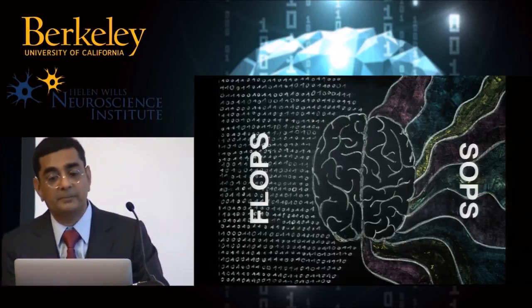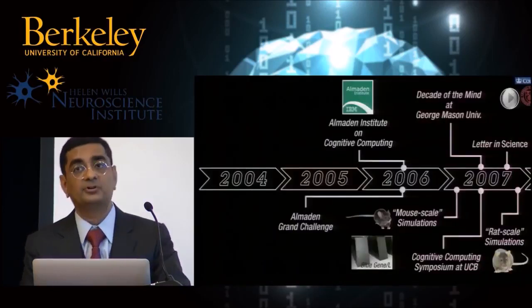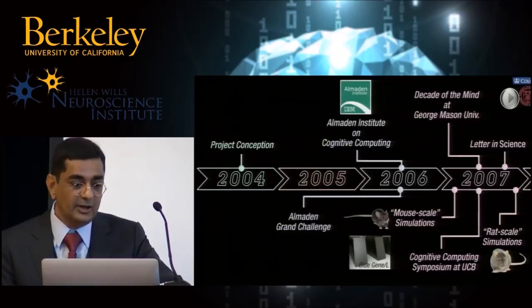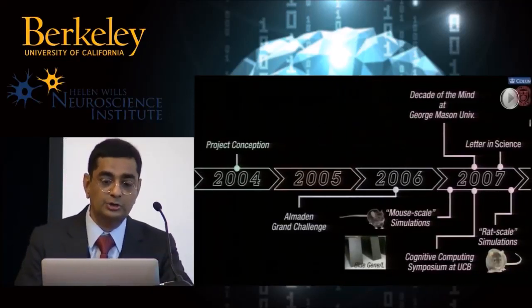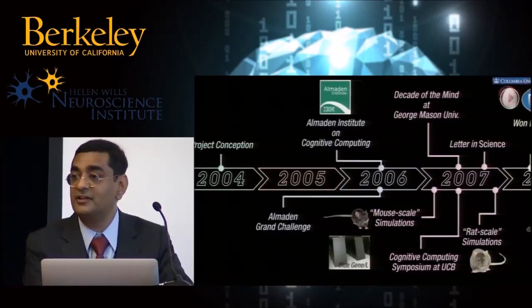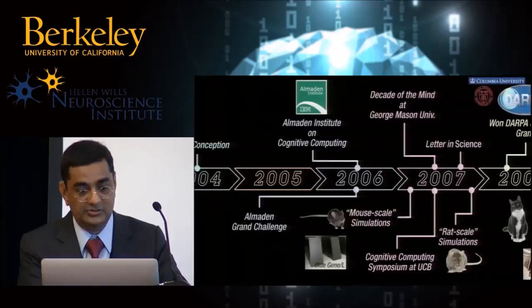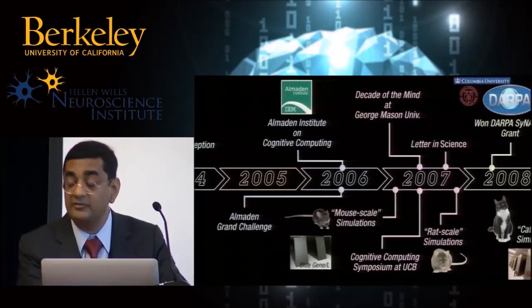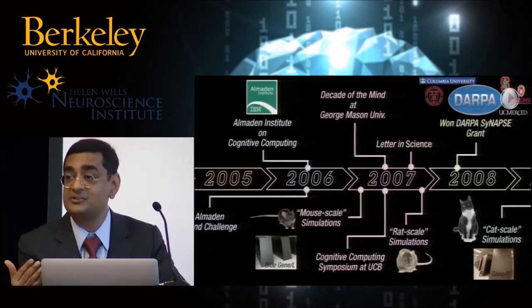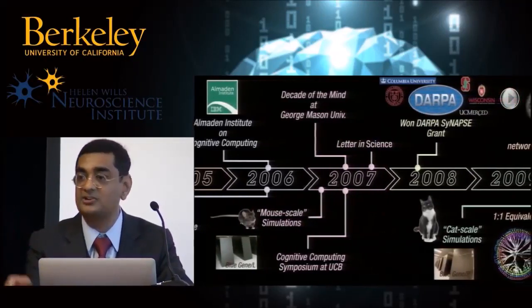To give you a perspective of where we are since the project started: the project actually started in 2004 with a single person, leading from then on to an Almaden Institute on Cognitive Computing, which, Christoph, you were present at. And so it's really great to have you. And then from then on, we worked on the largest Blue Gene L, the largest Blue Gene P, and the largest Blue Gene Q to carry out increasingly larger simulations.